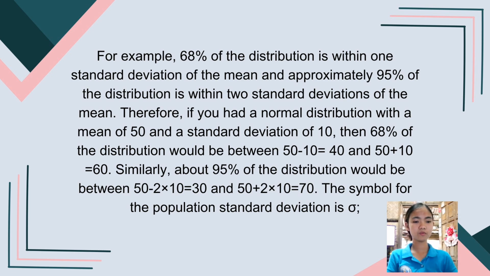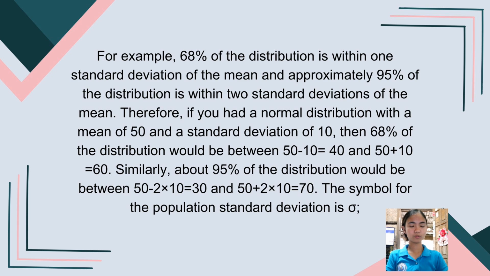Number 1: the problem discusses the properties of a normal distribution, especially the empirical rule, also known as the 68 to 95 to 99.7 rule. The rule states that 68% of the data falls within one standard deviation of the mean, 95% falls within 2 standard deviations, and 99.7% falls within 3 standard deviations.